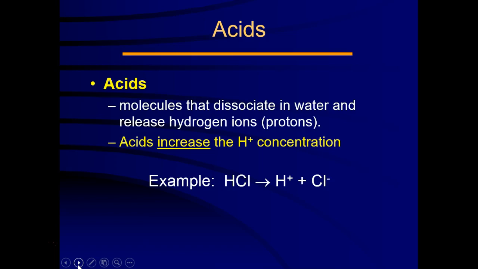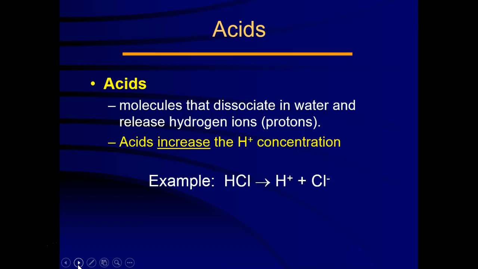Now, one of our most famous acids, in fact, this acid is found in your stomach. What makes up stomach acid is hydrochloric acid. You see that formula HCl. This is a strong acid, and when you place it in water, it will readily dissociate into hydrogen ions and chloride ions.